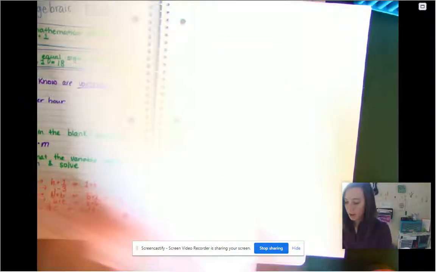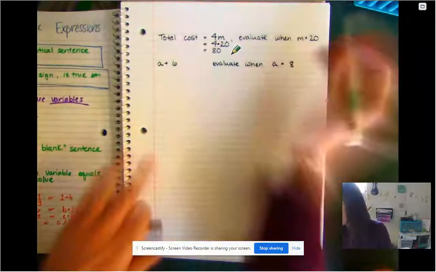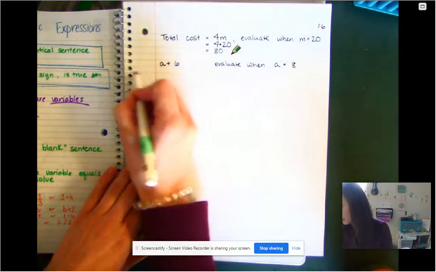Everybody. Okay, so we are talking about phrases as expressions today. Let's do this more on the bottom of the other side of 16. So this was 16 and this was 16, and we'll just draw a line under here.